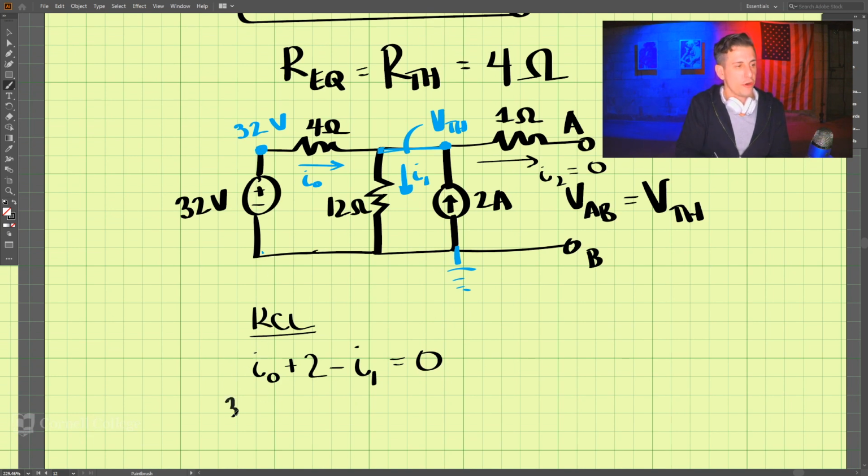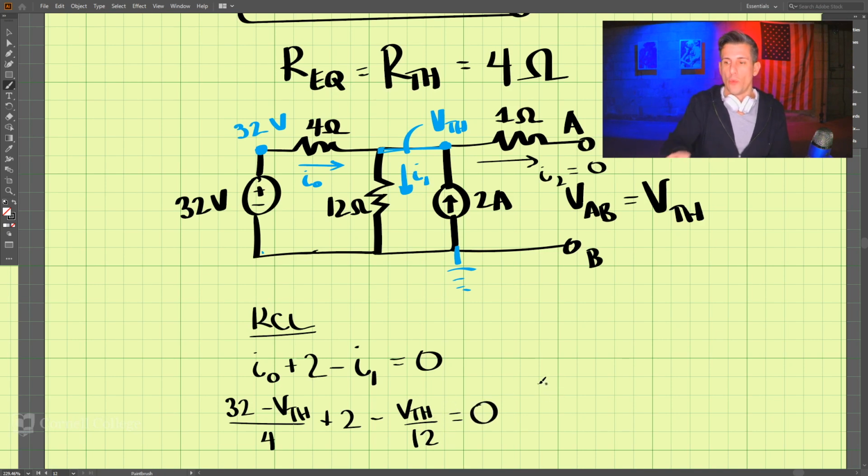So I naught here is equal to 32 volts here minus V Thevenin, this voltage here, divided by the resistance, which is 4, plus 2 minus V Thevenin divided by 12 equals 0.